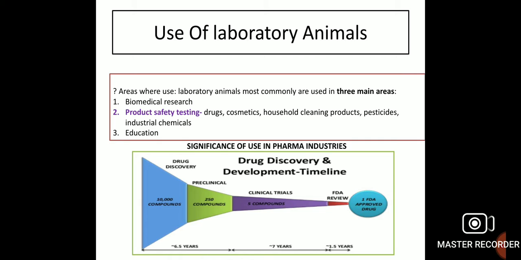Second one is product safety testing, where drugs can be tested, as well as cosmetics, household cleaning products, pesticides, industrial chemicals, etc. The safety assessment of these things can be done using animals. Third one is for education purposes, in order to make students understand about research or to give demonstrations.